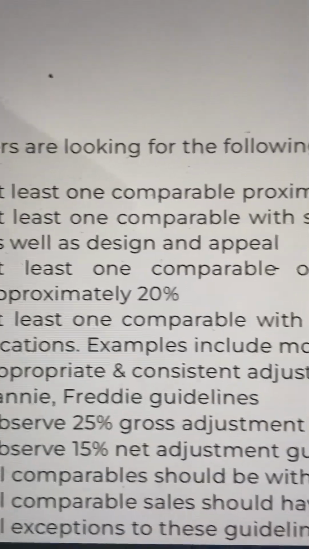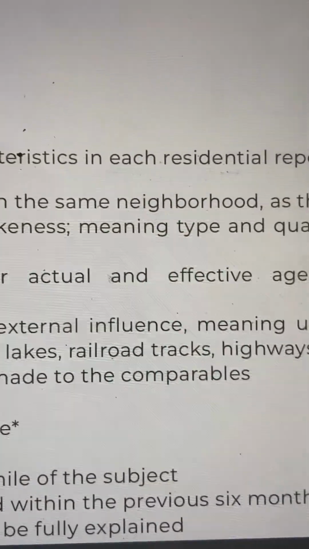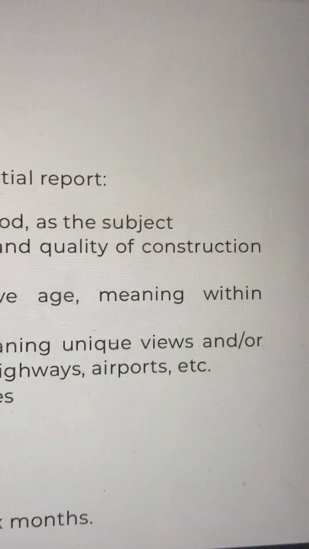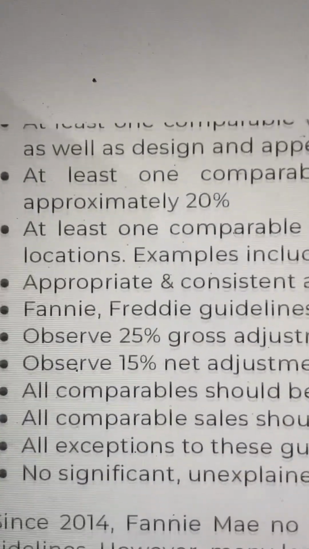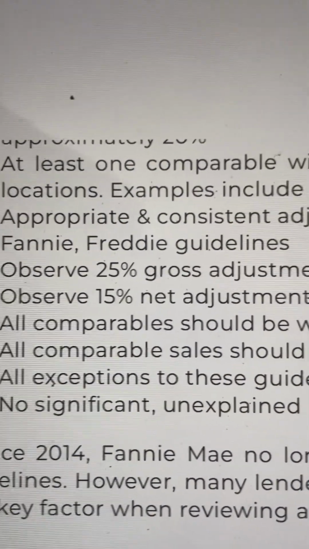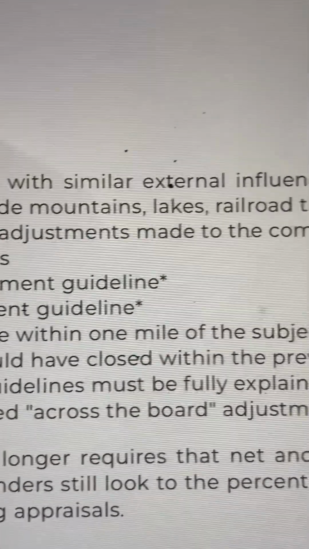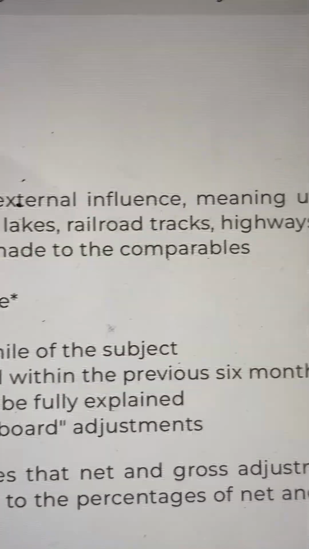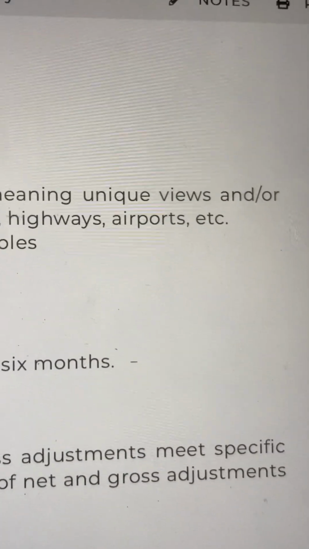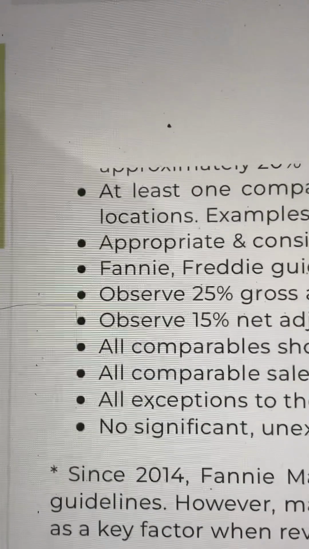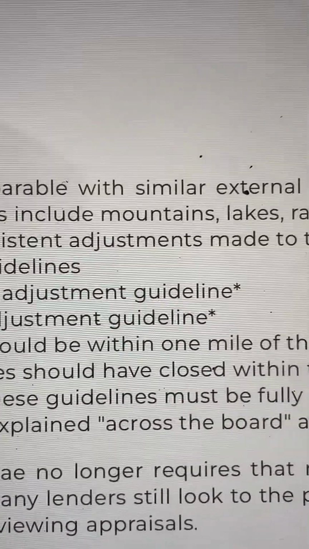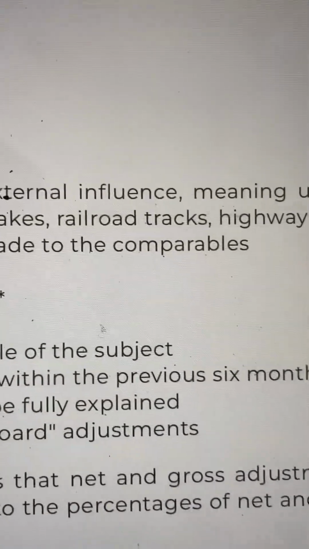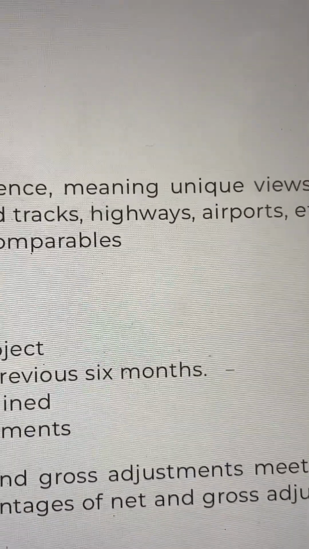At least one comparable of similar actual and effective age, meaning within approximately 20%. At least one comparable with similar external influence, meaning unique views and/or locations. Examples include mountains, lakes, railroad tracks, highways, airports, etc.